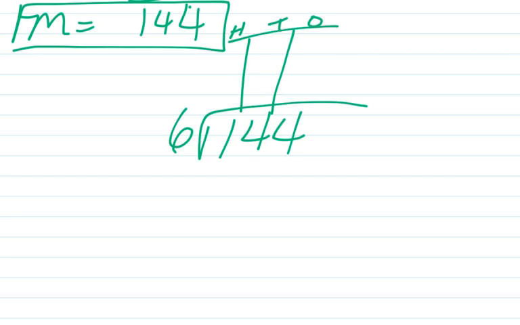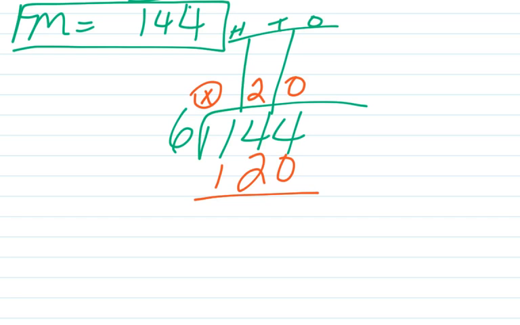We can't make groups of 6 with 100, so we go to our hundreds and tens place together, and look at what we can make. We can put 20 in 6 groups. 20 times 6 is 120.